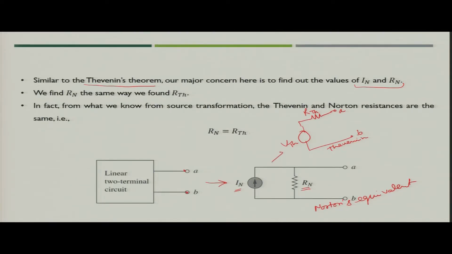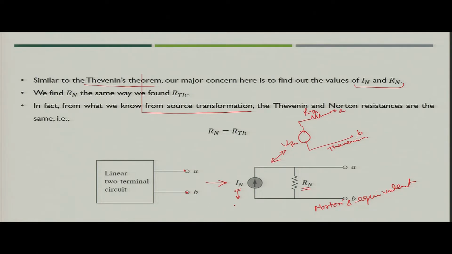If you see these two circuits, the Thevenin and Norton's equivalent, they look very similar, as in the source transformation we discussed in the previous week. If you carry out the source transformation from voltage source to current source, the voltage source divided by R_TH, the resistance in series, is the value of the current source.